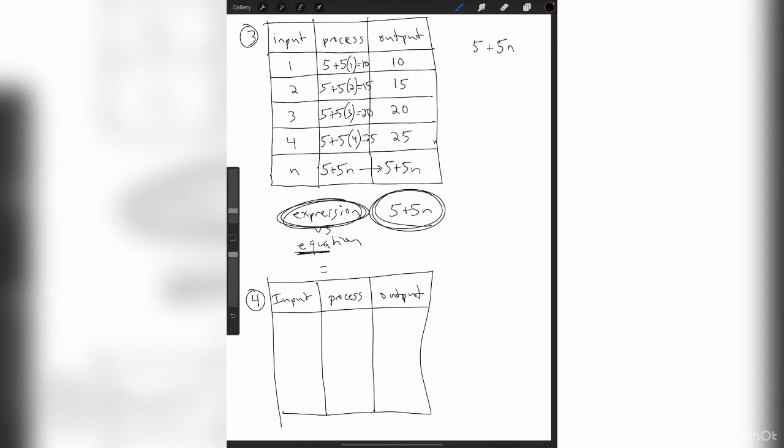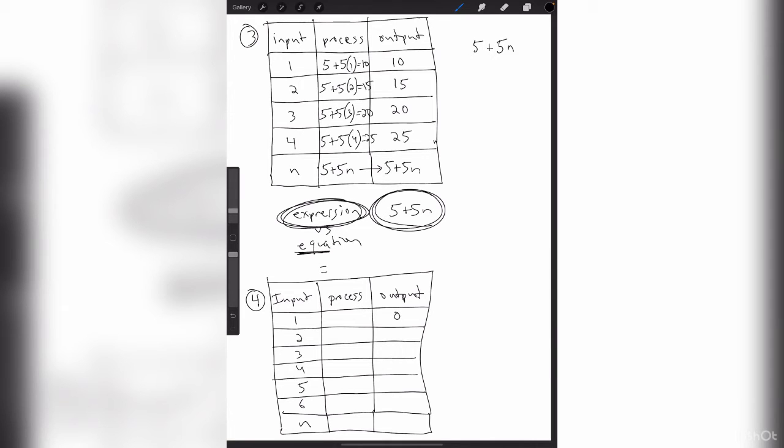All right, so my input, let's say 1, 2, it goes all the way to 6, and then n at the very end. 3, 4, 5, 6, and then n.